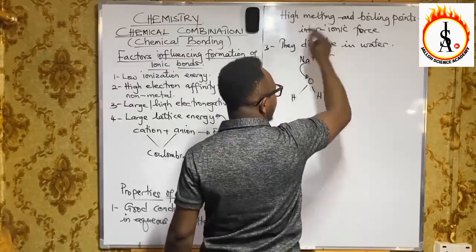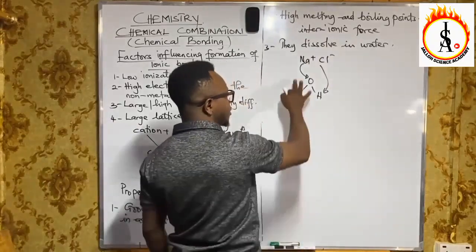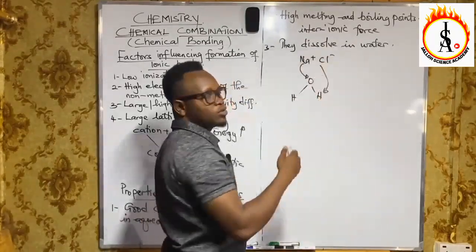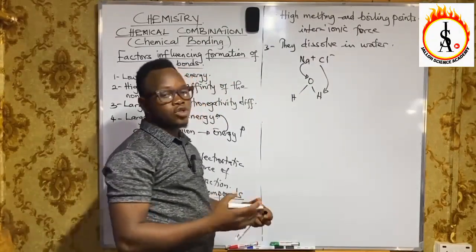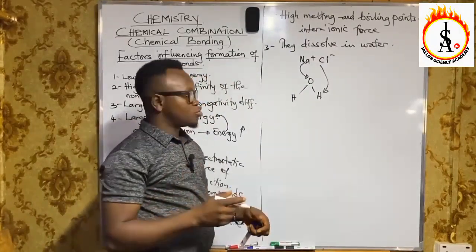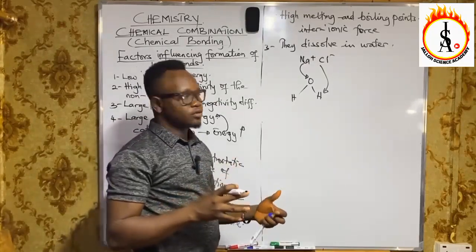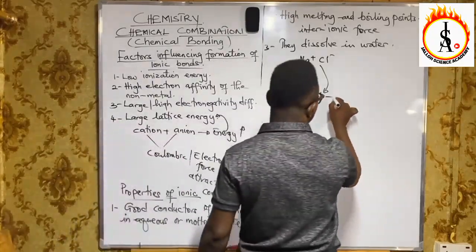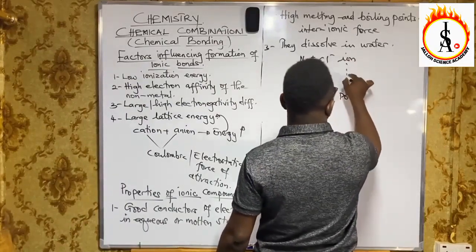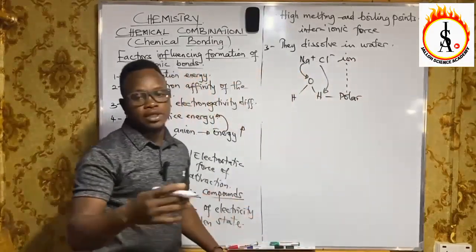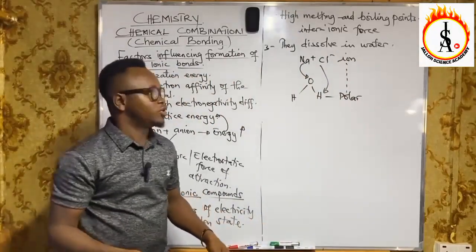This strong force binds them together, causing the species to dissolve in water. So it is as a result of the strong electrostatic force of attraction between this polar substance and these ions that allows them to dissolve in water.